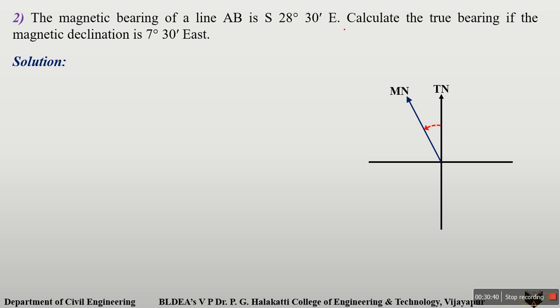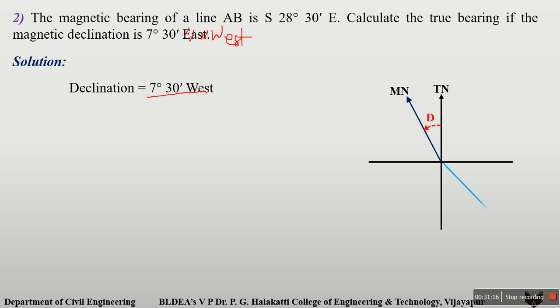This is the difference of angle of bearing between the true north and magnetic north, that is our declination. Declination is actually west side, sorry, this is west side. That's why I am drawing the magnetic north towards the west side. The declination value is 7 degree 30 minutes west side.